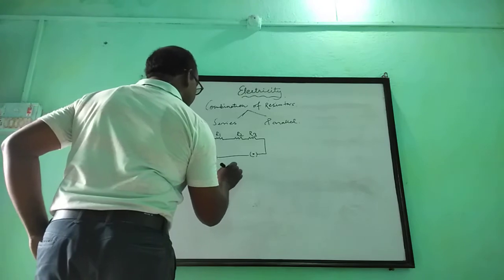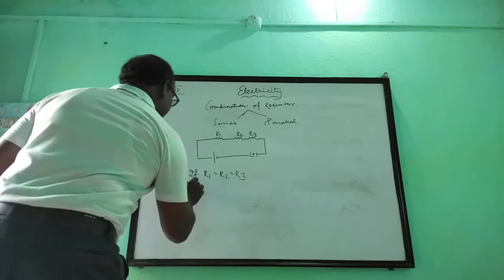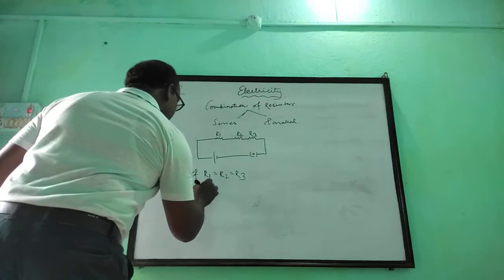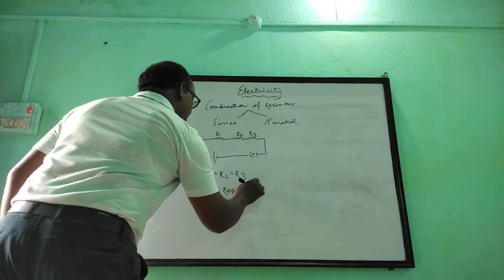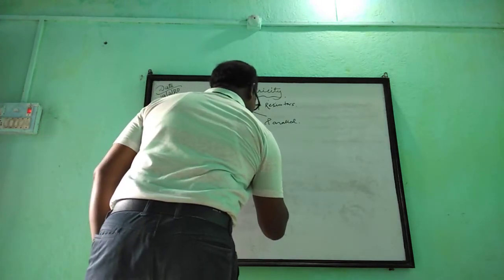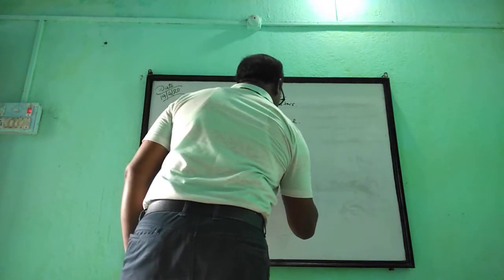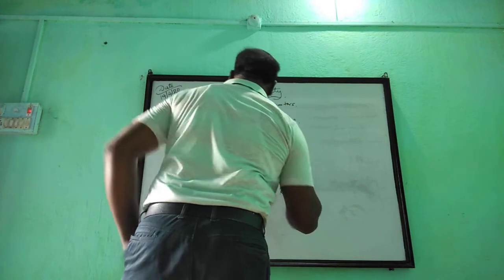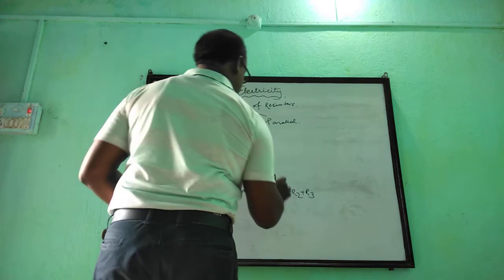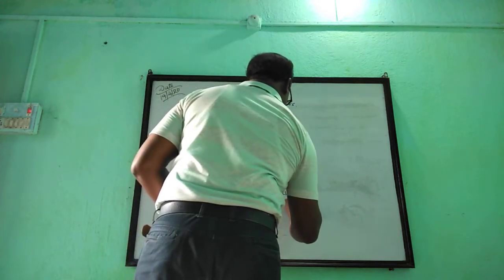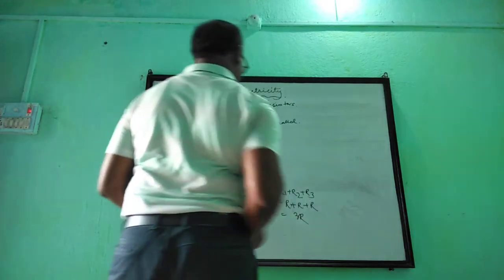The resultant resistance Rs, S for series, equals R1 plus R2 plus R3. Okay.